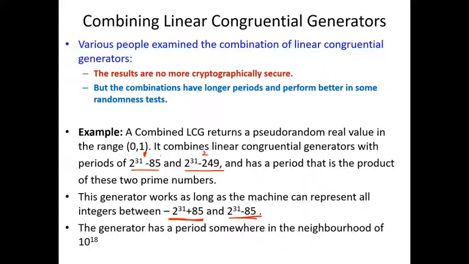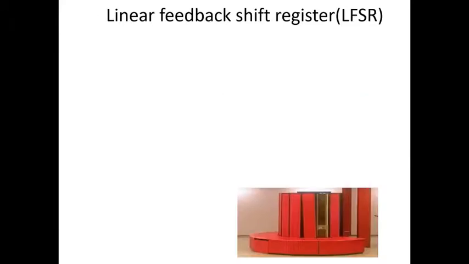You can just say in general that it can increase the period of the generator. A single generator will have a shorter period compared to combined LCGs. So the generator has a period somewhere in the neighborhood of 10 power 18, which is huge. With this, we complete LCGs, or linear congruential generators.